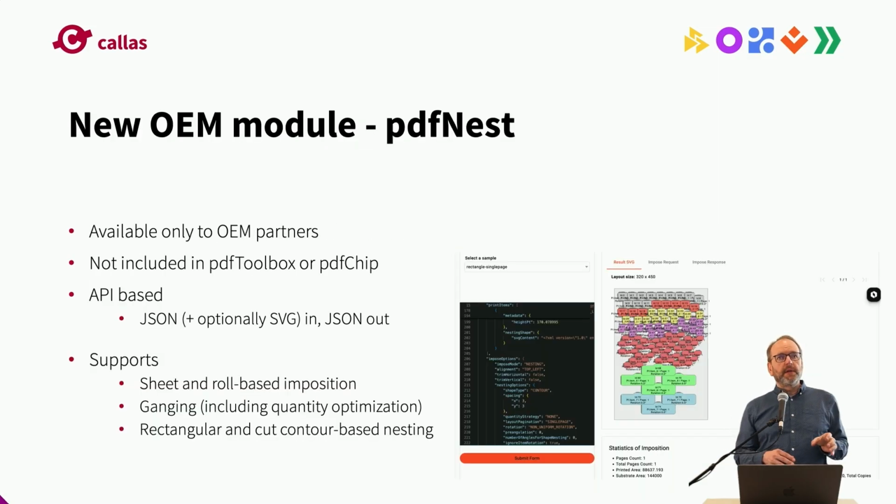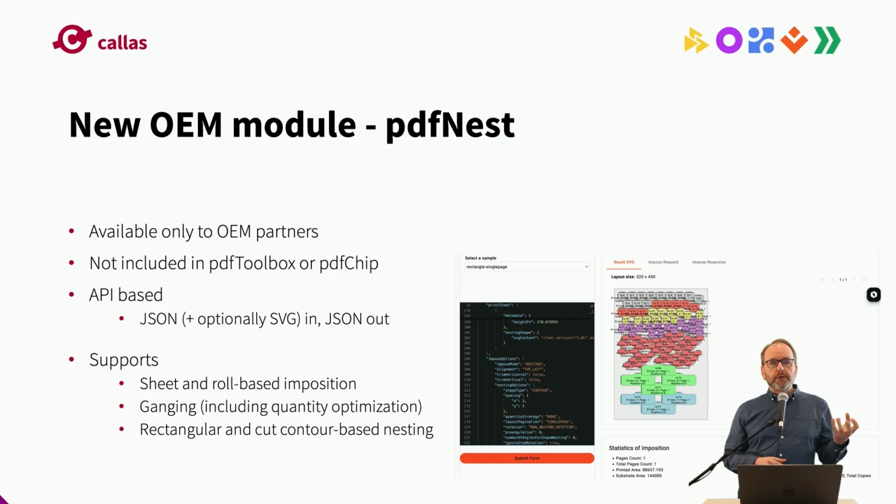Together with pdfToolbox 17, and to be very clear, this is not part of pdfToolbox 17, but we are releasing this together with pdfToolbox 17, there is a new OEM module, very simply called PDF Nest.